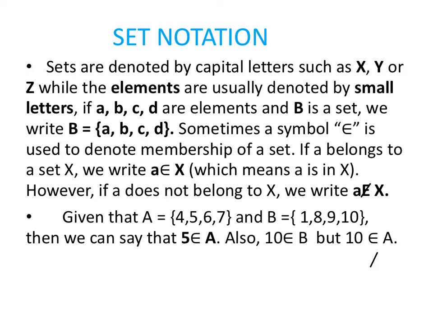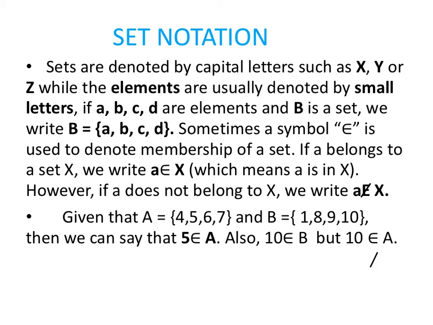Set notation. Sets are denoted by capital letters such as capital letter X, capital letter Y, or capital letter Z, while the elements are usually denoted by small letters. So that's how you differentiate it. For sets, you denote them using capital letters of the alphabet, but the elements, you denote them using small letters of the alphabet.